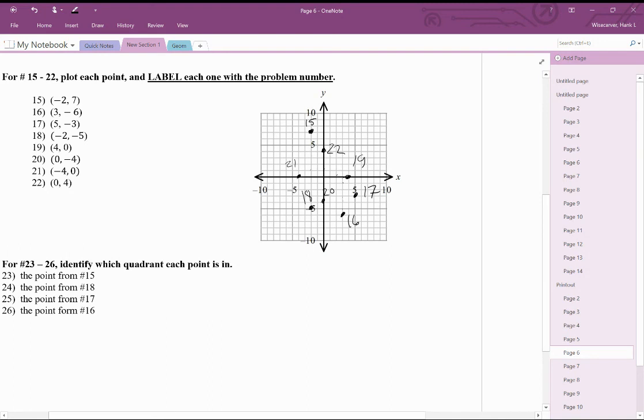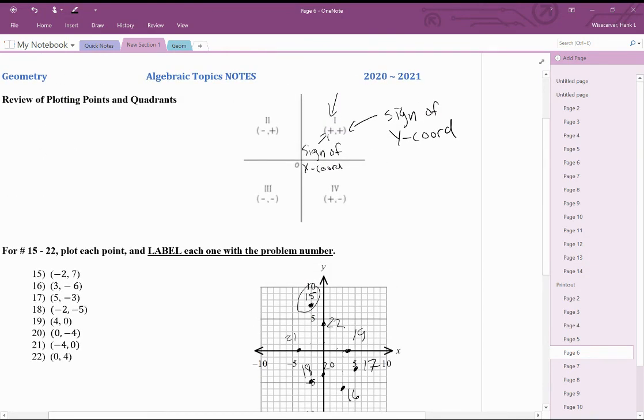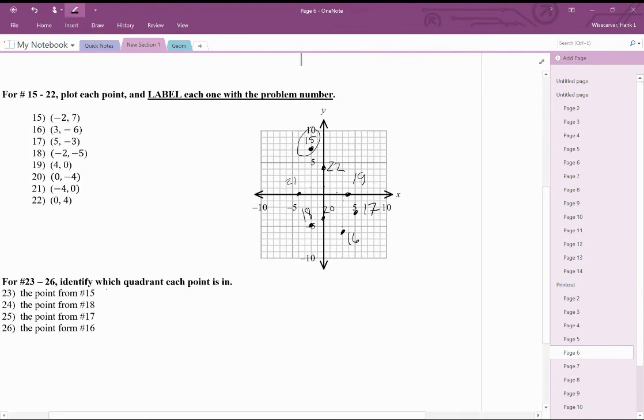So number 15 is right here, and if we look up, that is quadrant 2. Hopefully you get these memorized, which quadrants are which, 1, 2, 3, or 4. It's pretty straightforward, pretty simple. All you need to do is find one and then work counterclockwise from there. 18 is right here.